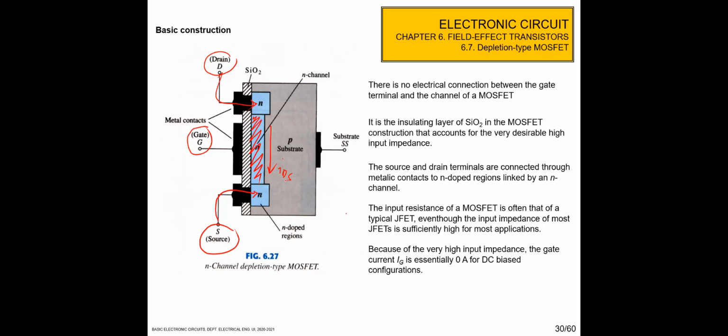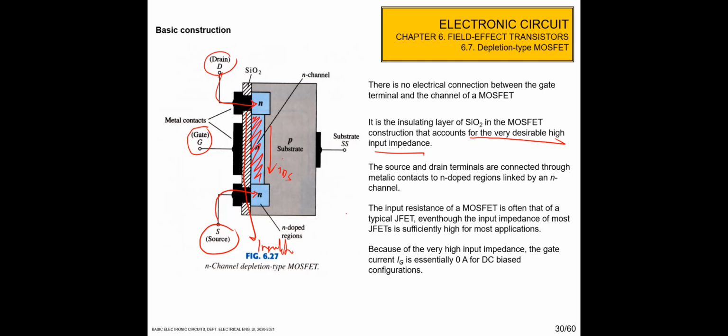And then this is the insulator. The insulator gives a very desirable high input impedance. The input resistance of the MOSFET is similar to the JFET, but the input impedance of the MOSFET is higher for MOS applications.